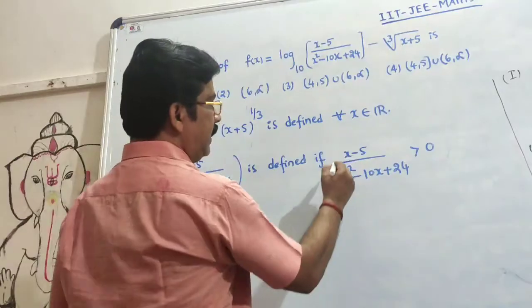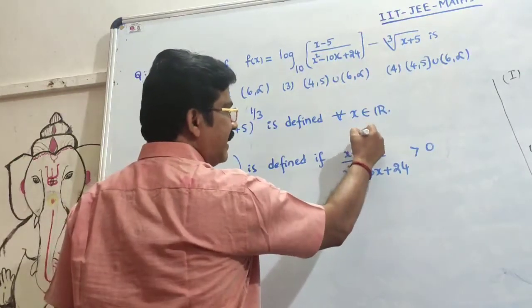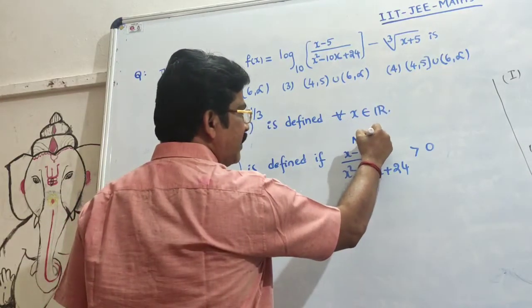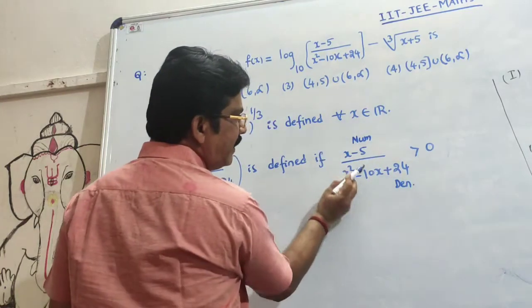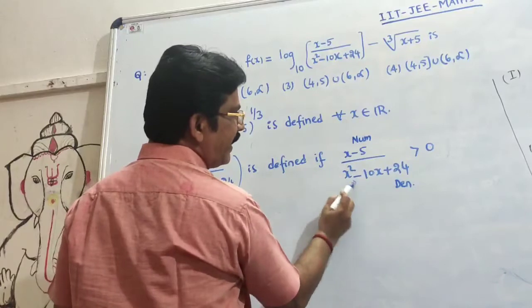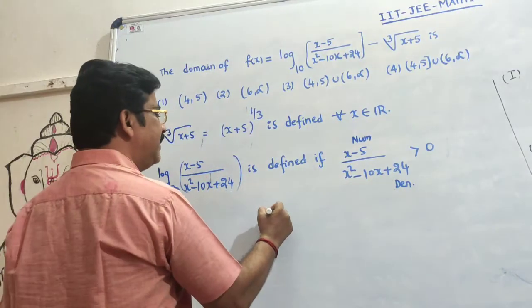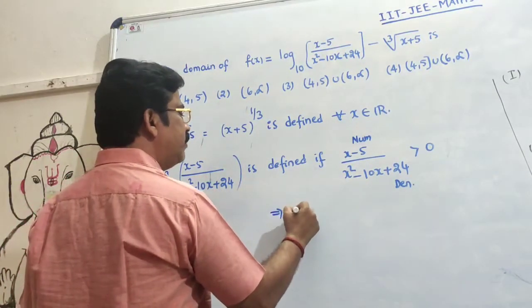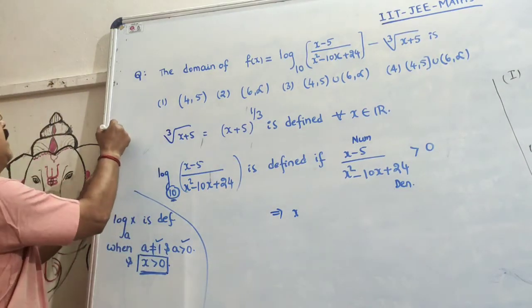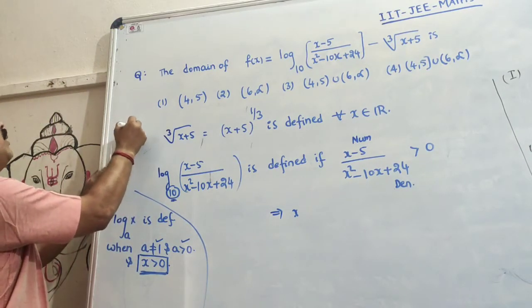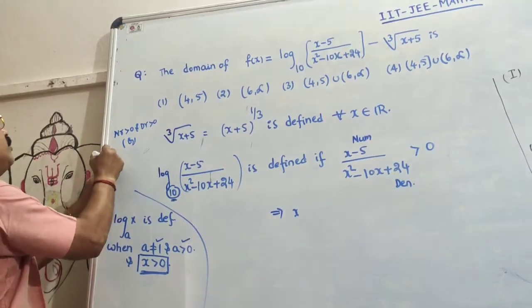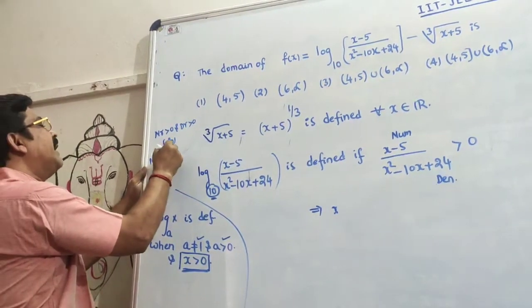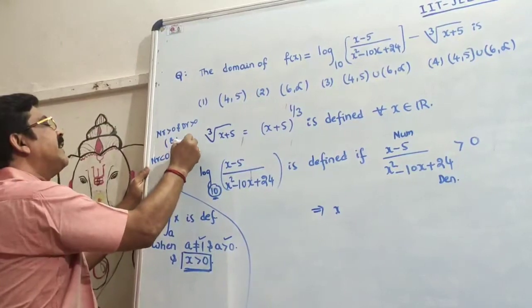Here this is the numerator and this one is the denominator. A fraction is positive when the numerator is positive and the denominator is positive, or the numerator is negative and the denominator is negative.